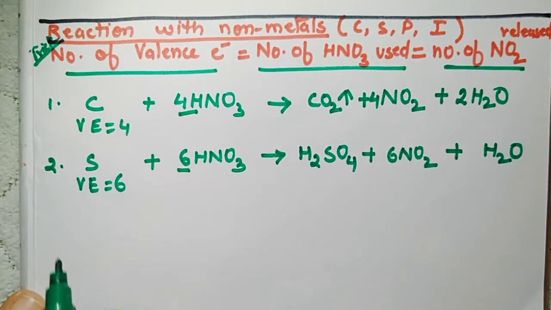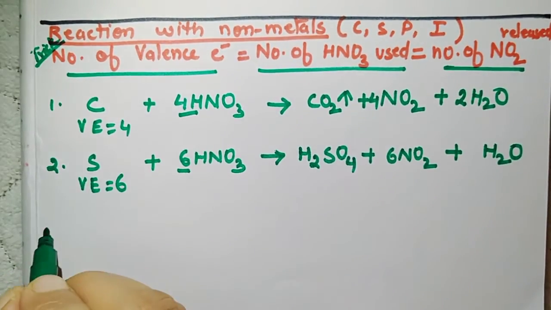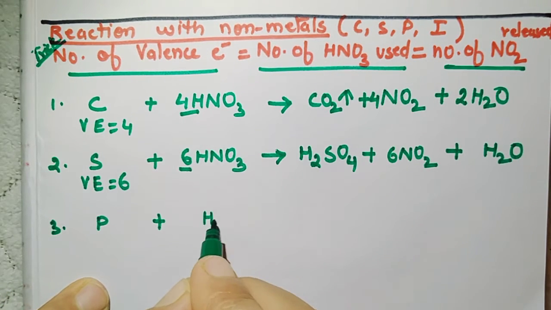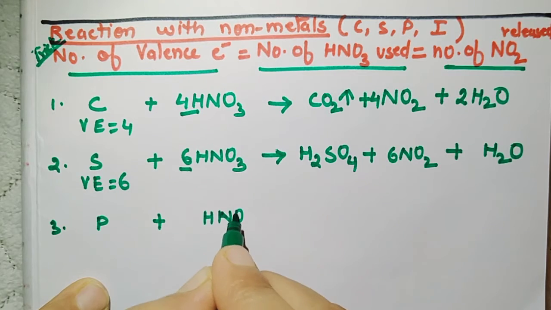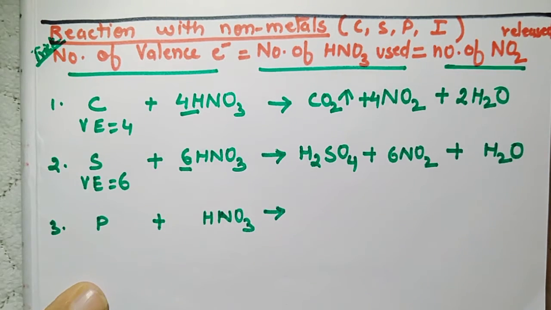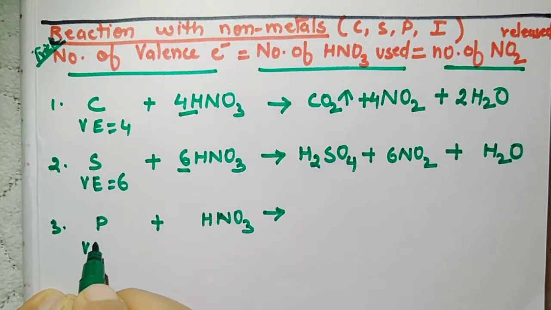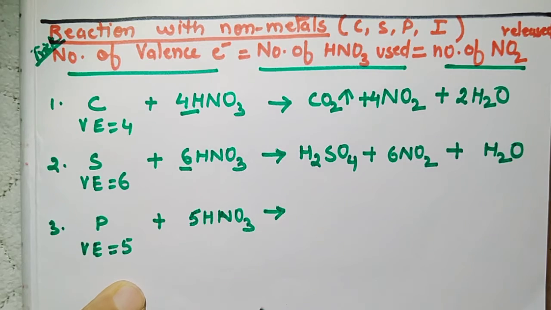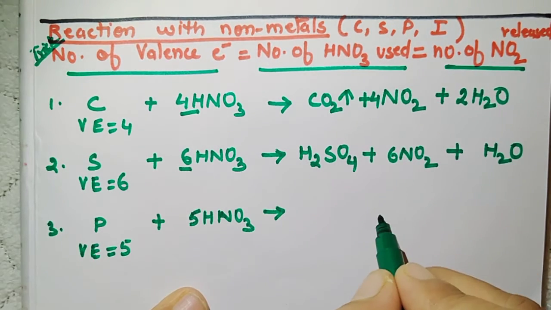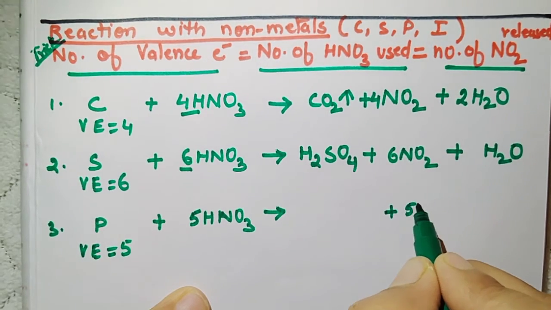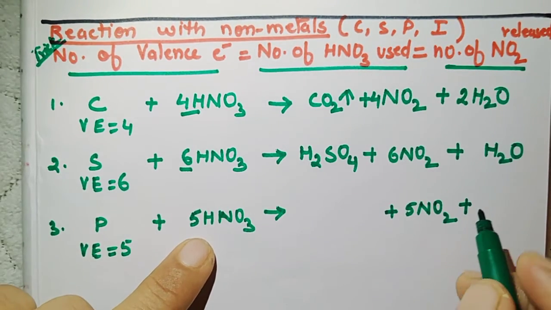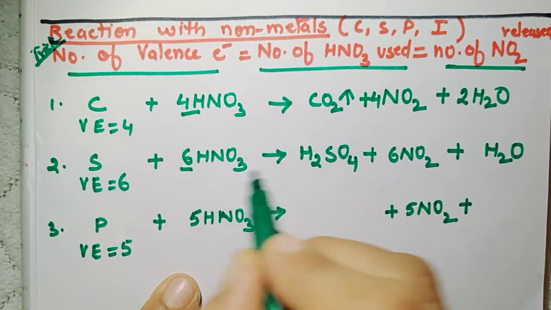Now if we are taking phosphorus plus HNO3, the number of valence electrons is 5. So you will be taking here 5 HNO3. How many NO2 will you be releasing? 5 NO2 plus H2O.